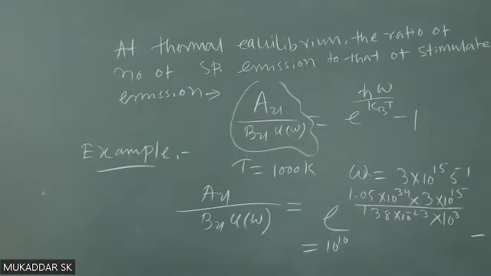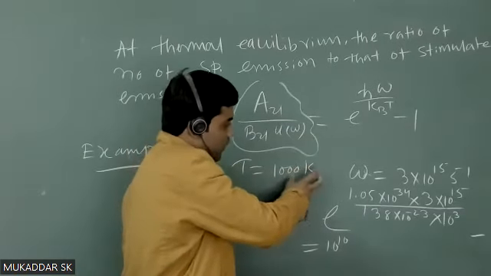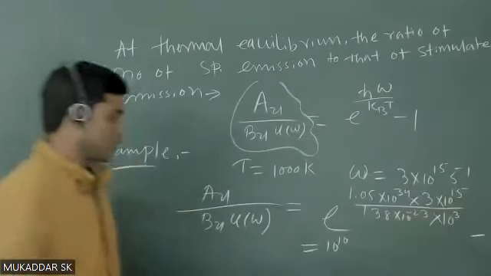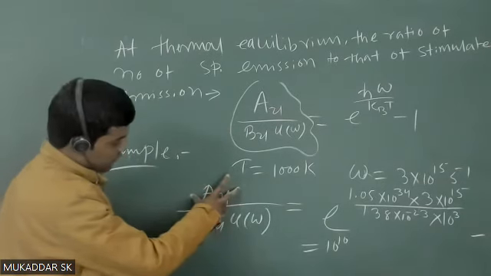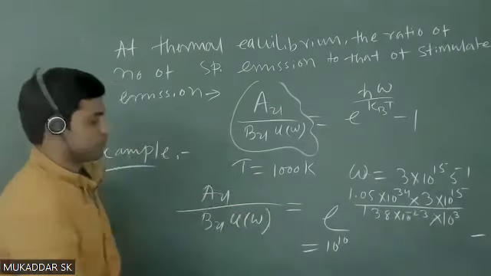It means if you have an optical source having temperature 1000 Kelvin and angular frequency 3 into 10 to the power 15 second inverse, in that situation, spontaneous emission is strongly dominated over stimulated emission.